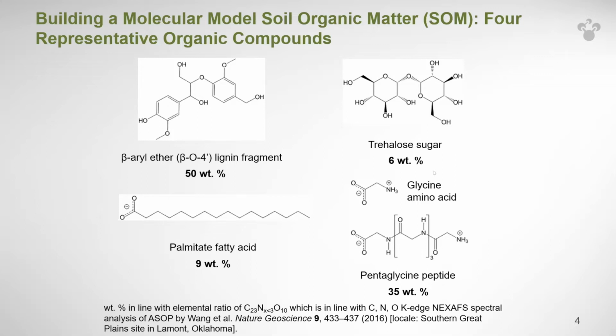And the relative amounts of these 4 compounds are in line with the amounts of carbon, nitrogen, and oxygen found in the analysis of airborne soil organic particles that my collaborator Alex Laskin took.